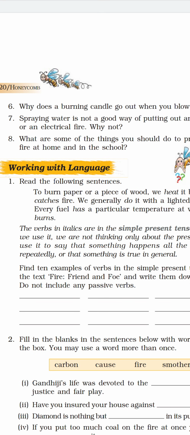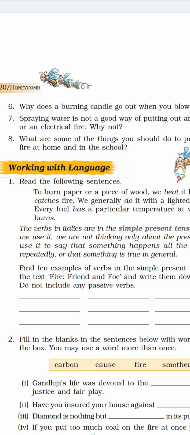The next question is, spraying water is not a good way of putting out an oil fire or an electrical fire. Why not? If water is sprayed on an oil fire, oil will come on the top layer of water and will still burn.